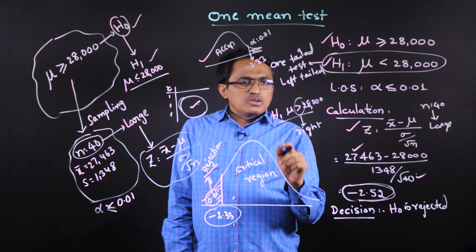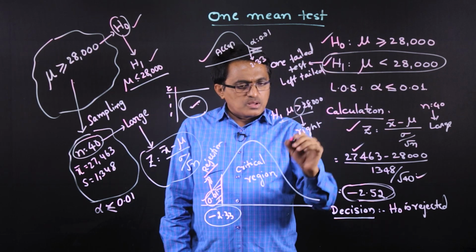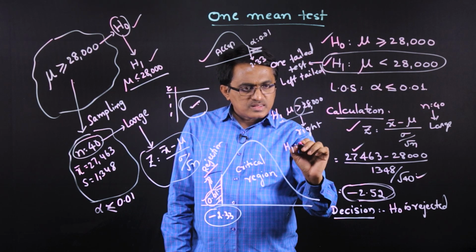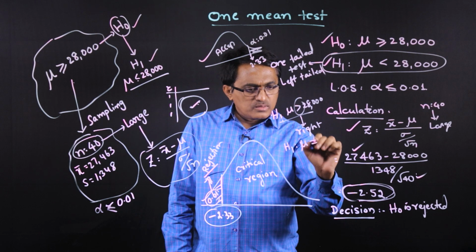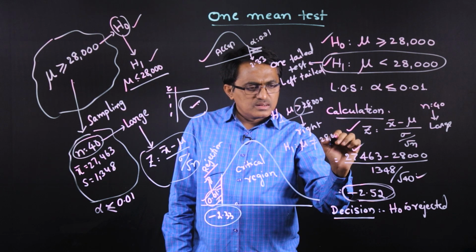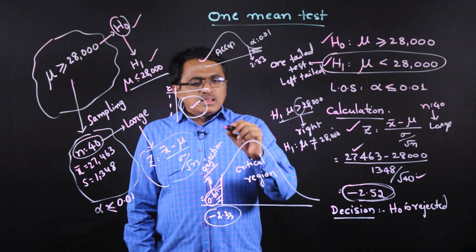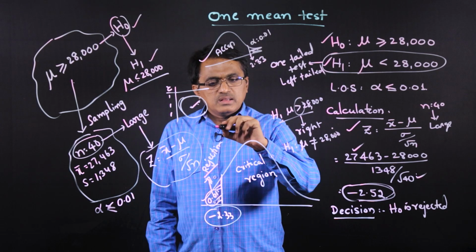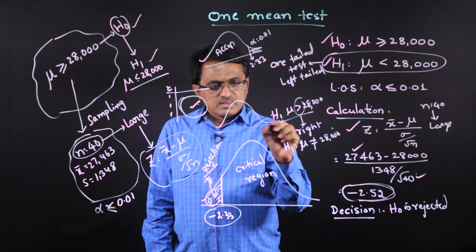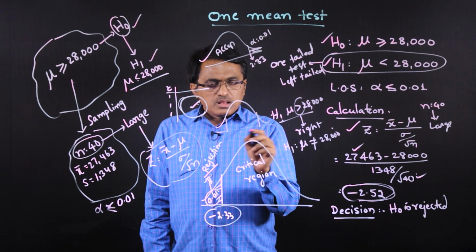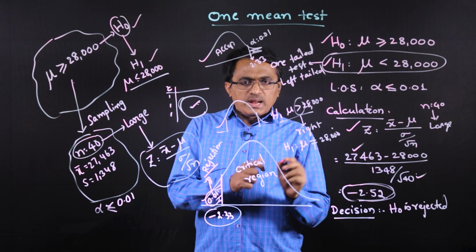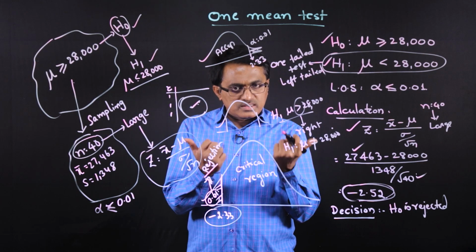And the third scenario, depending on the null hypothesis, suppose the alternate hypothesis is mu is not equal to 28,000. If this is the alternate hypothesis, then the critical region looks like this. Now because it is a two tail test, we will have the region of rejection at both ends.